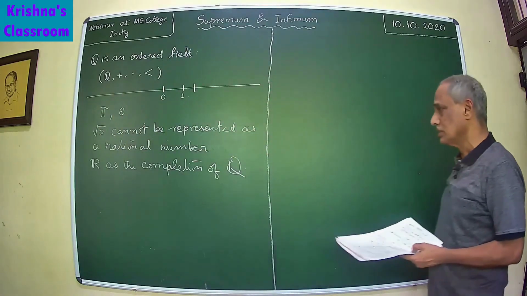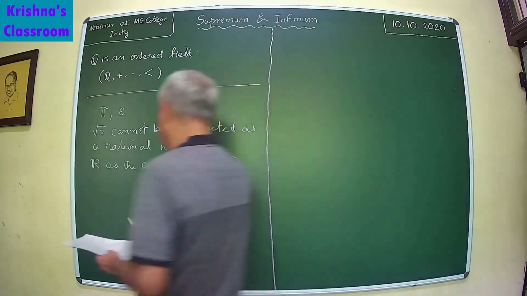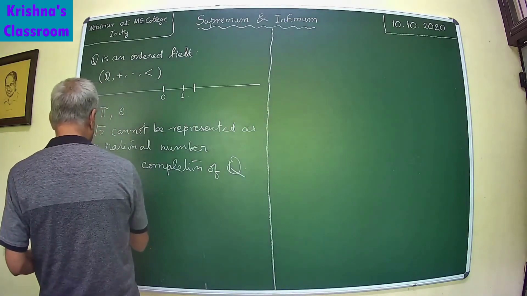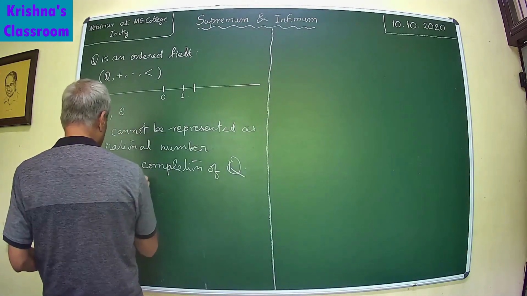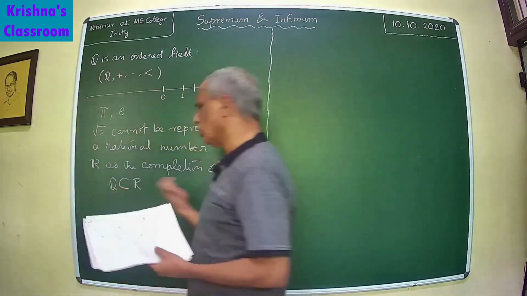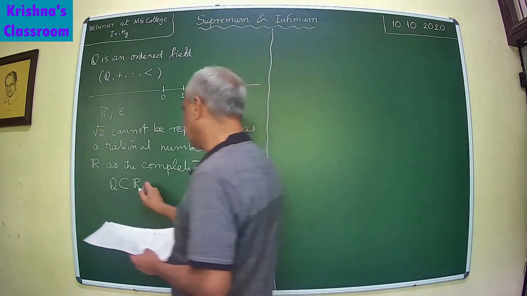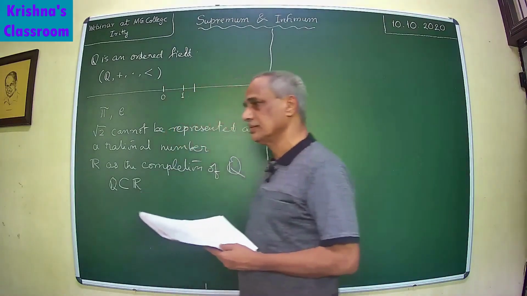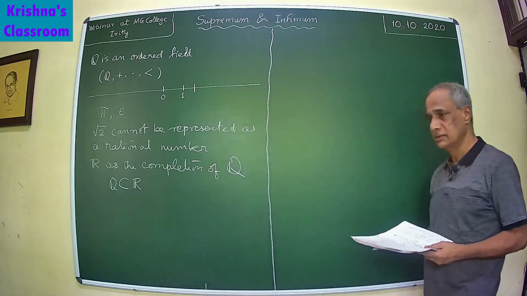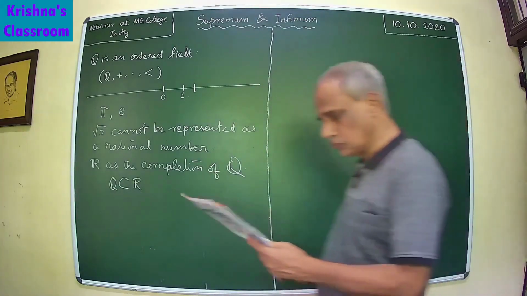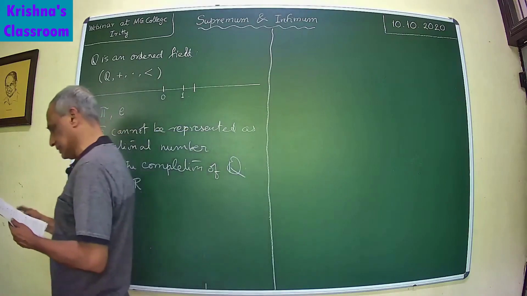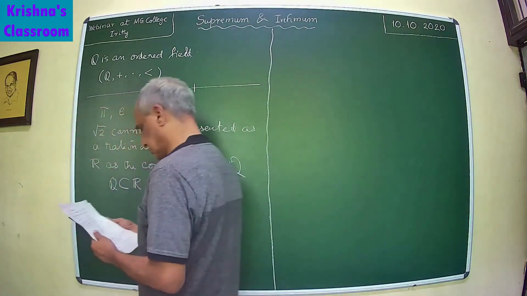So we have Q completely embedded in R with all the structures in it. But R has the additional property that it is complete, in the sense what? So we have to first make these things clear.